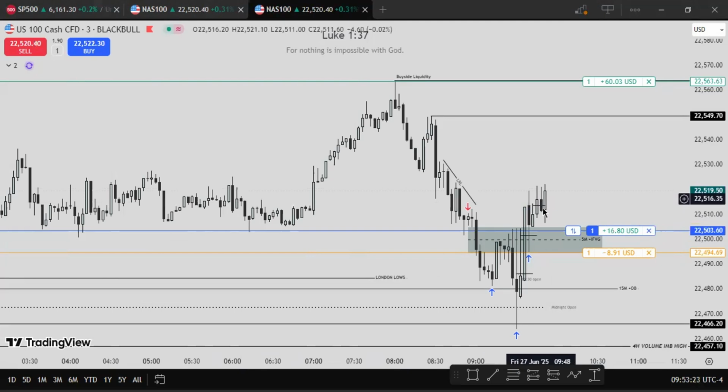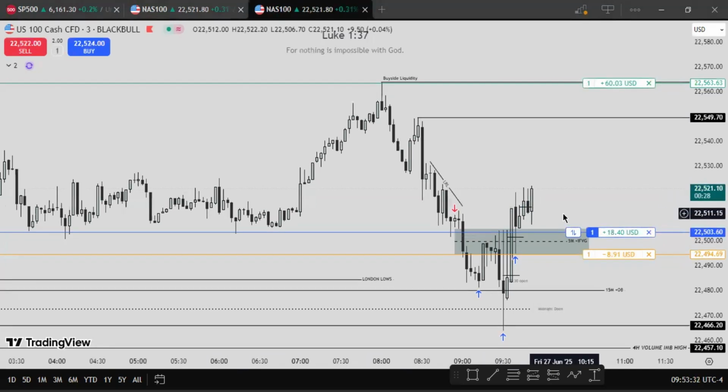It also closed above and we pulled back into it. We traded all the way down here. And now we're seeing that push higher. So I'm confident in my bias here.